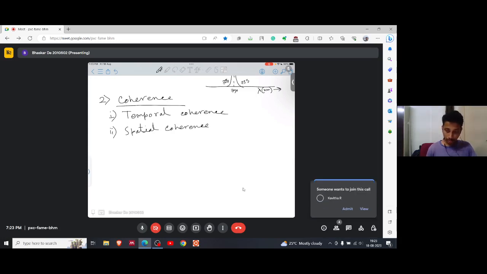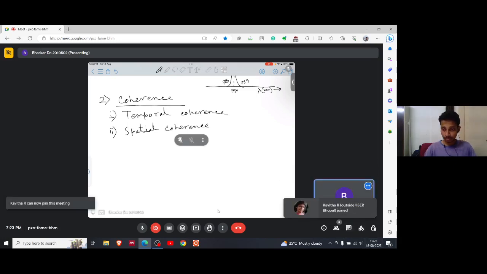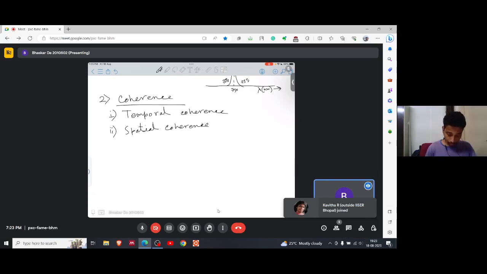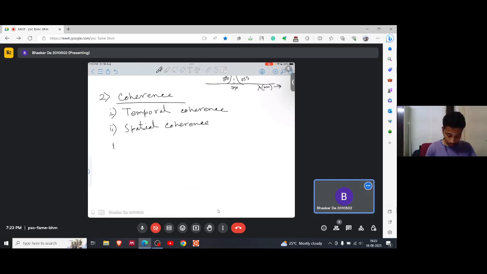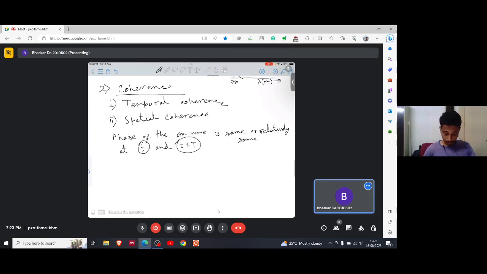By temporal coherence, what we mean is that the phase of the EM wave is same or relatively same at t and t plus T. So at 2 points of time the phase will be same.